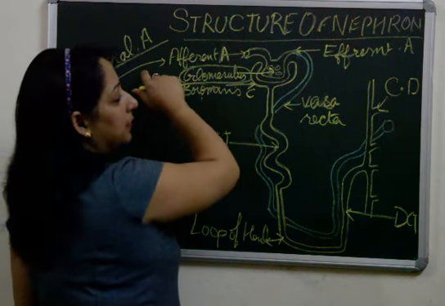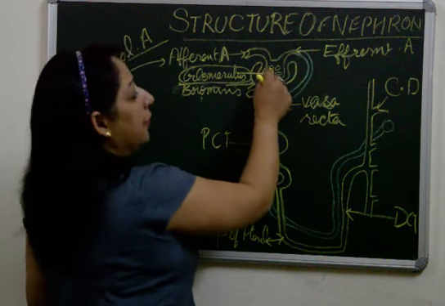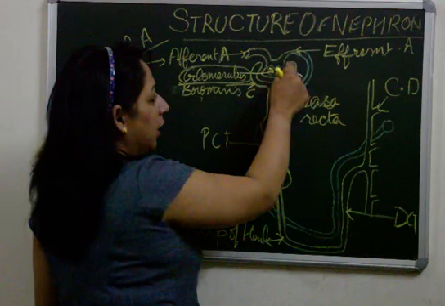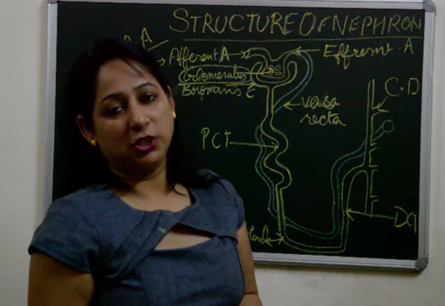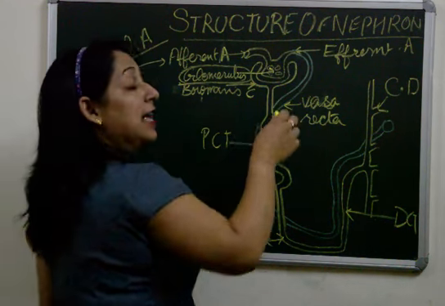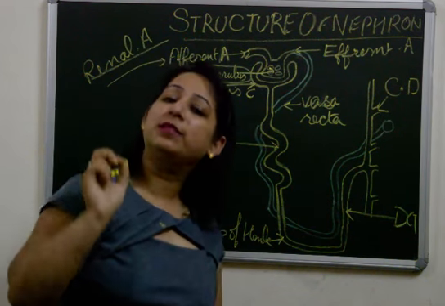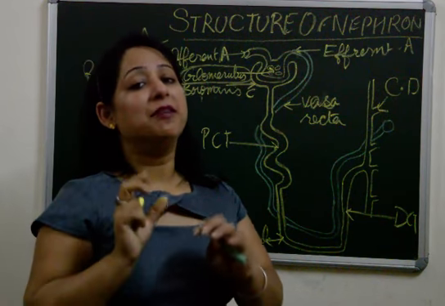Now what will happen here? The blood from the afferent arteriole with a very high pressure will fall in the glomerulus. As its function is filtering, it will filter out the blood. Whatever is left in the glomerulus is RBCs, WBCs, blood platelets, and some fibers.